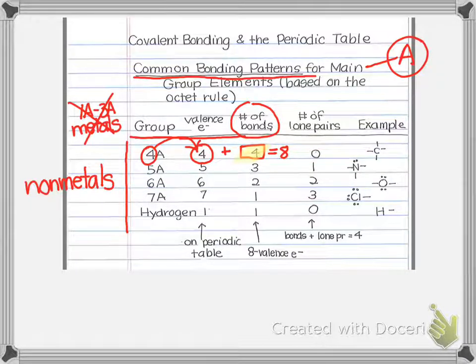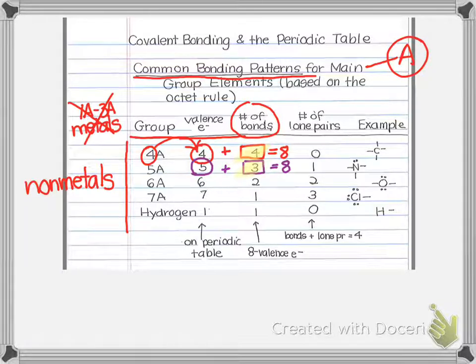I'll change color. So nitrogen, for example, is in group 5A. That means it has 5 valence electrons, so it already has 5 electrons. Well, to get up to 8, it would need 3 more. So what does nitrogen do? It likes to form 3 bonds.